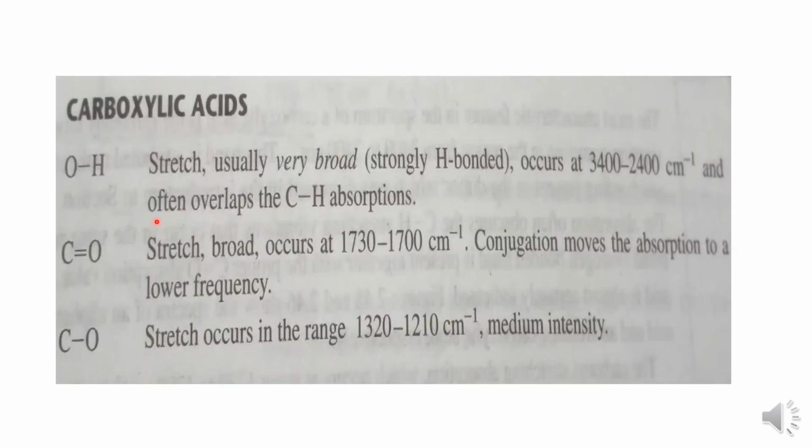The next carbonyl compound is carboxylic acid. In a normal carboxylic acid, there is a carbonyl group and an OH group. The carboxylic acid shows a very strong band for the CO group in the region 1730 to 1700 per centimeter for simple aliphatic carboxylic acids.